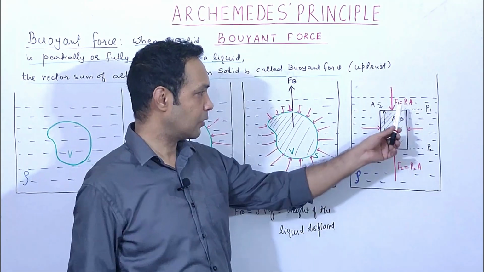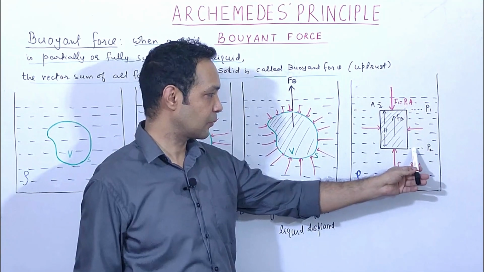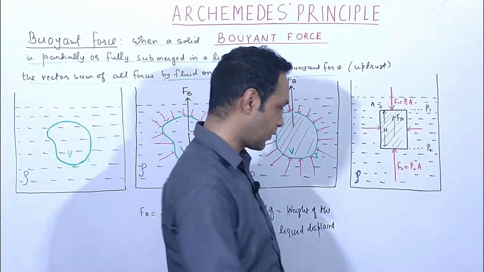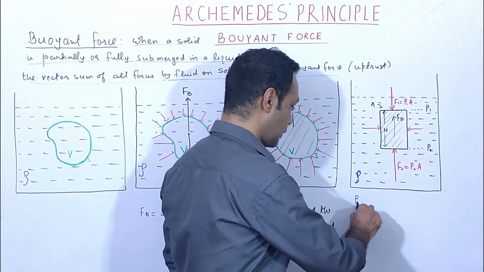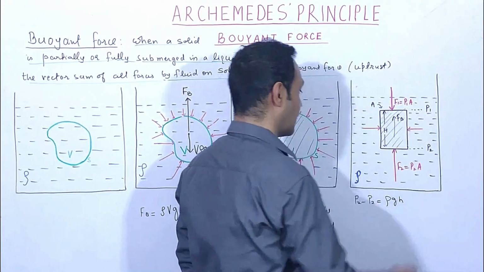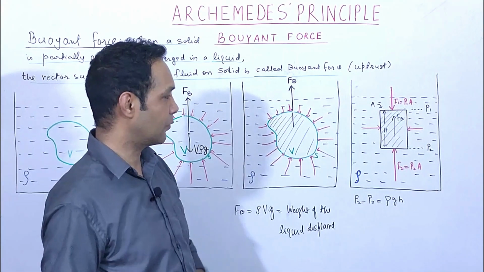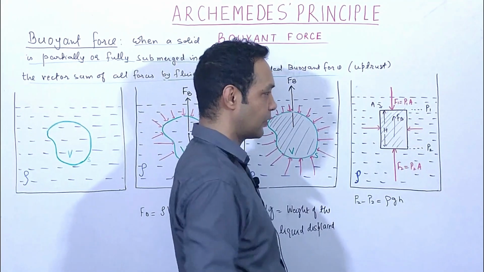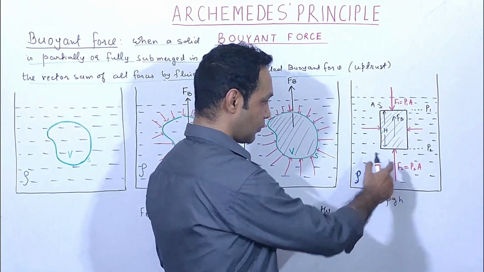So at the top the pressure is P1, at the bottom the pressure is P2, and we know the pressure is more at the bottom, so the pressure difference P2 minus P1 will be just rho gh. The force due to pressure at the top is P1A, and the force due to pressure at the bottom is P2A.